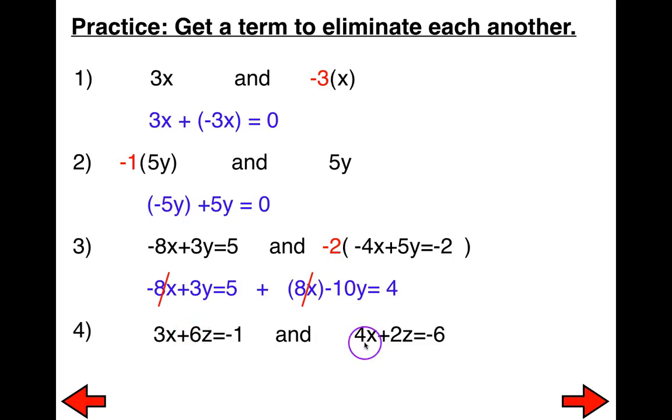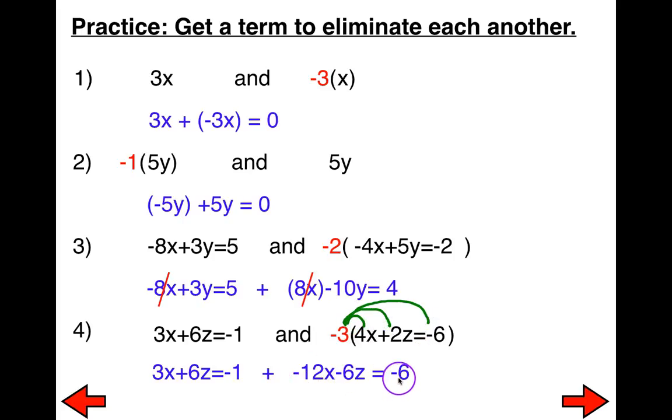We just have to multiply this by a negative to ensure that it eliminates. And you're going to notice here, this would be a -12x minus 6 plus, this by the way should be 18, not 6. Okay, and then you'll notice that the z's cancel each other out, and you'd be able to solve for x's. So just have that ready.